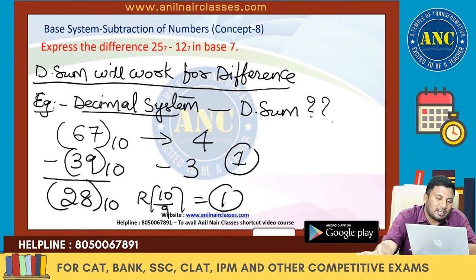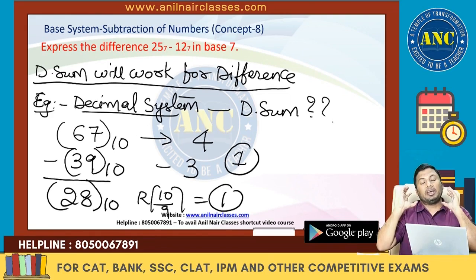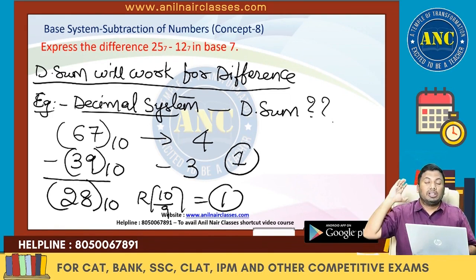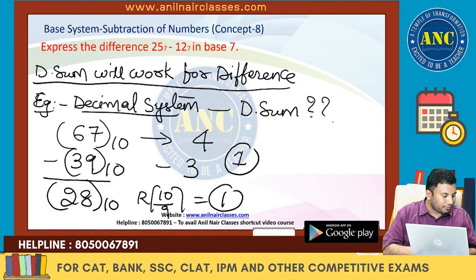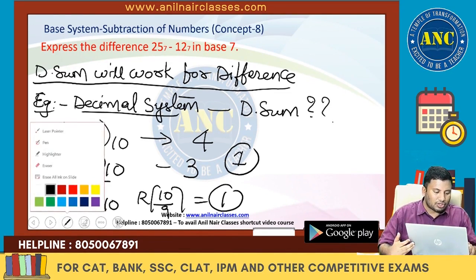With this understanding, let us solve the previous question. What is working for the decimal system should definitely work for any of the non-decimal systems. There is no difference in any of the concepts. I hope it is clear. Right? Now, let us solve this question.